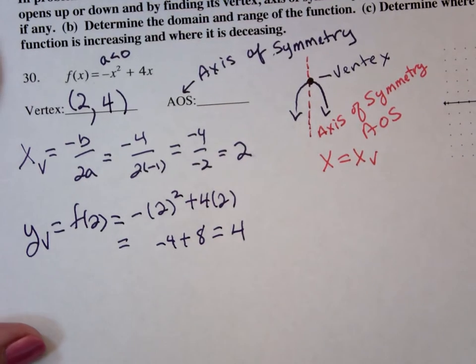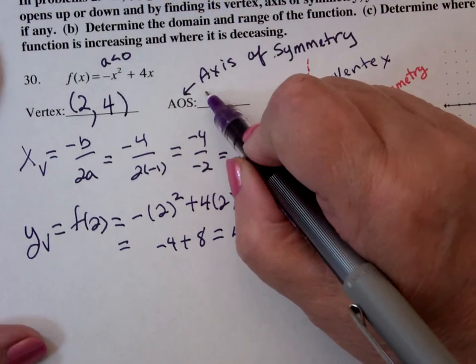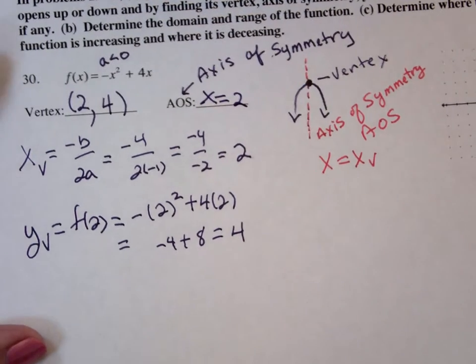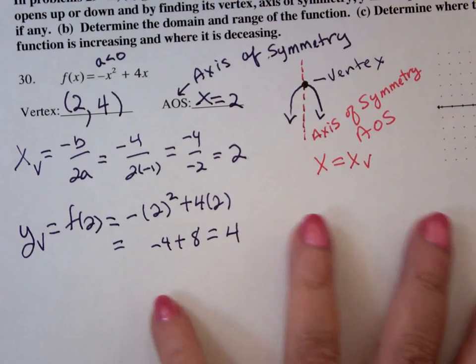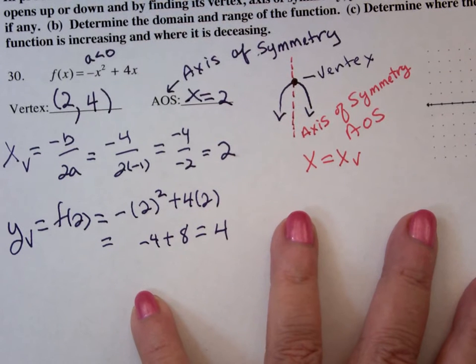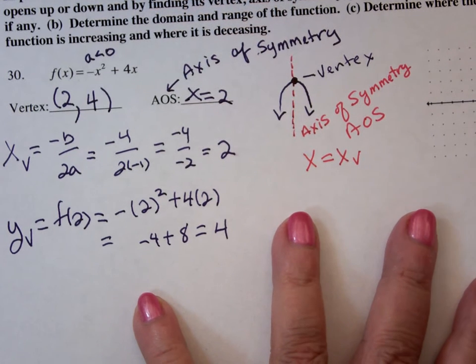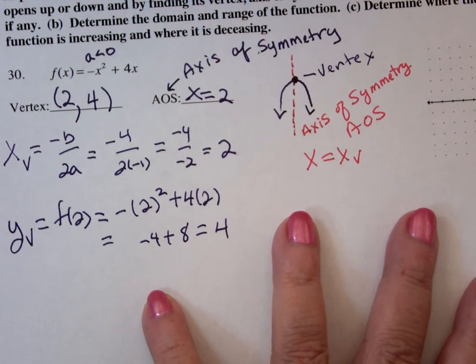The axis of symmetry is the x coordinate of the vertex, and it's a line, so it's x equal 2. So I have one coordinate point on my graph, and the one coordinate point I have on my graph is 2, 4. I think, well, we'll see.